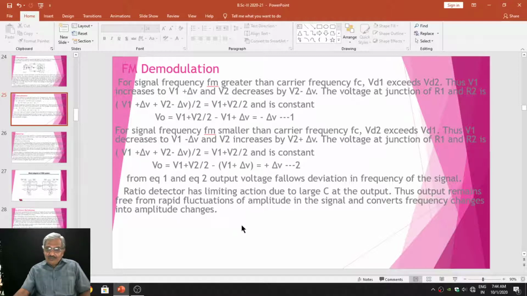Thus, one can recover the original modulating signal from the frequency modulated wave, and this process is known as FM demodulation. Friends, that's all about frequency demodulation.